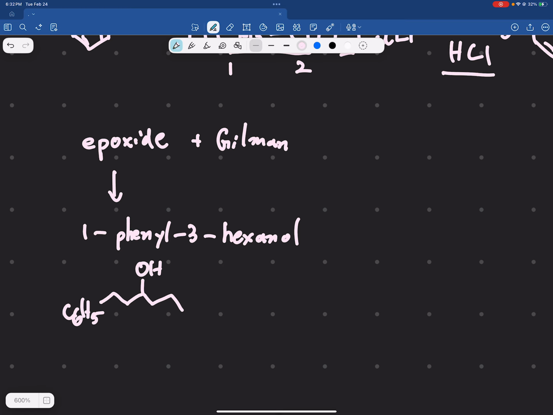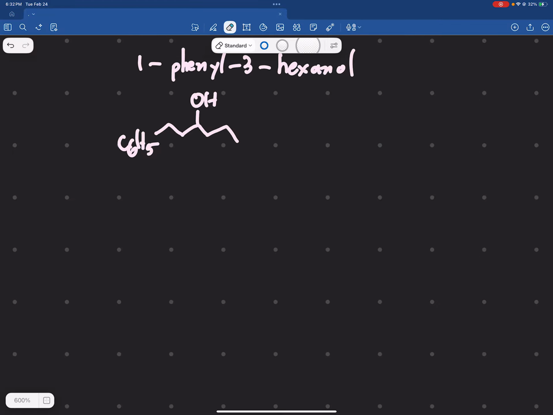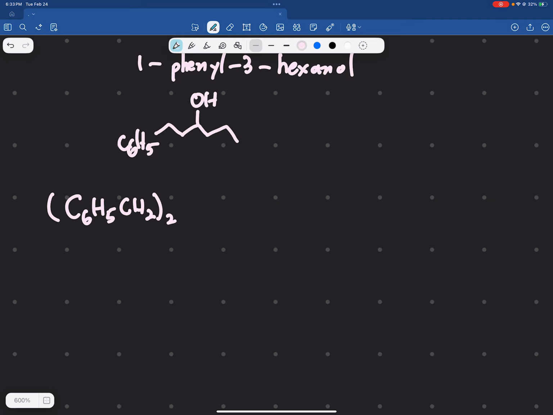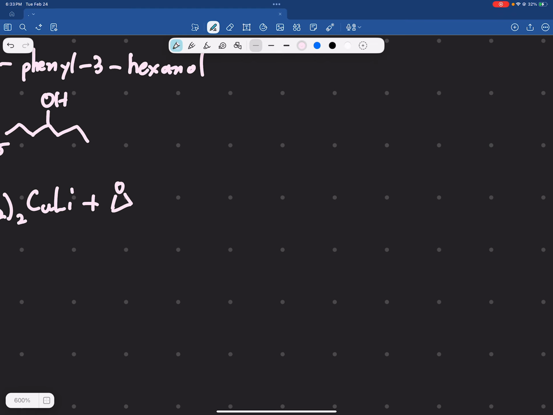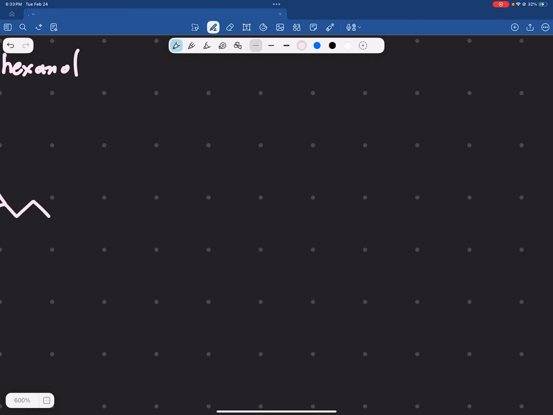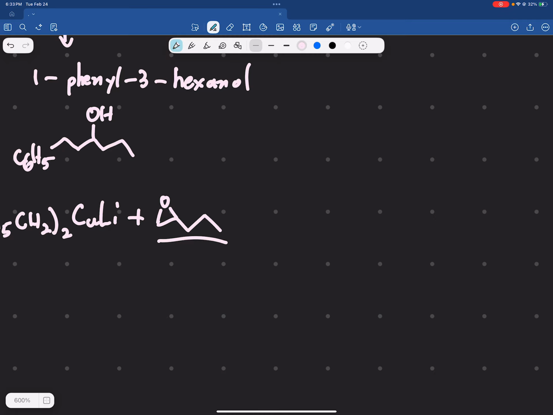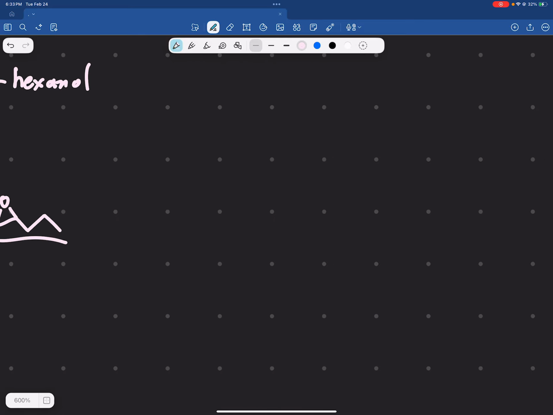What are the two combinations of epoxides that can be used to synthesize this? So we can either attach the phenyl group like so in a Gilman reagent, something like this, and our epoxide, or we can attach the extra carbon chain with the Gilman reagent.